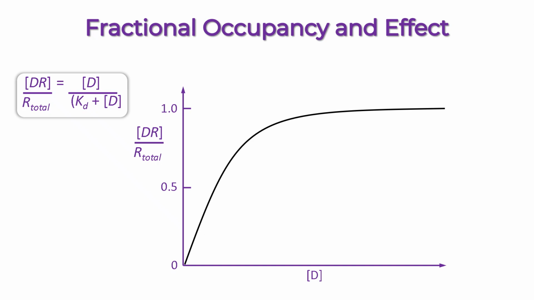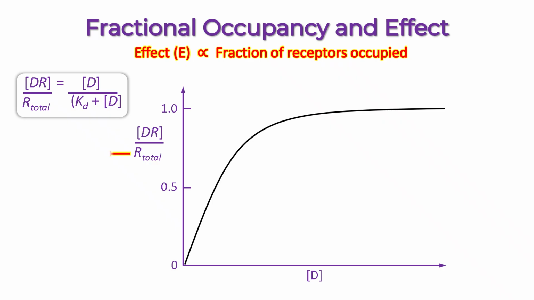As I said earlier, the central assumption of the receptor occupancy model is that effect is proportional to the fraction of receptors that are occupied. If effect tracks occupancy, then the total number of receptors, R total, sets the upper limit on response. That upper limit is the maximum effect, Emax.